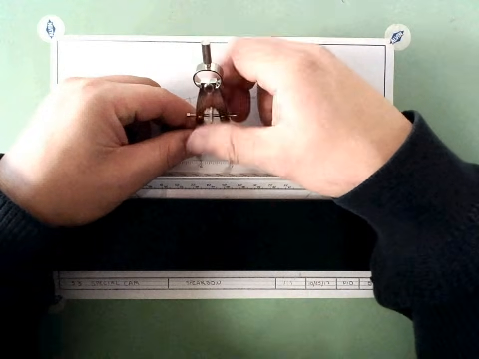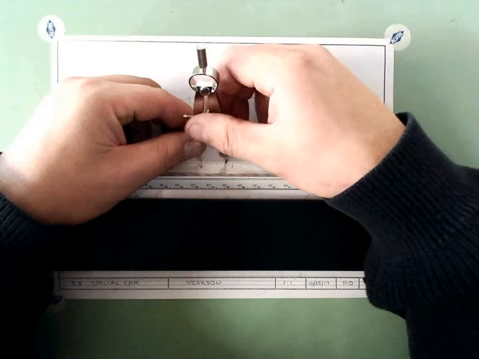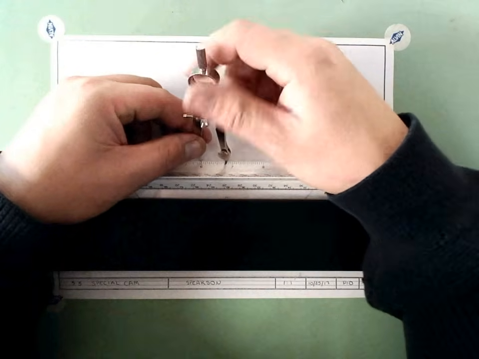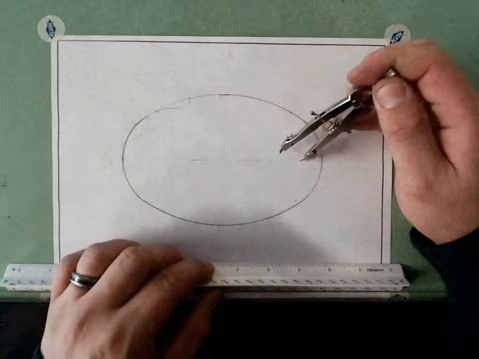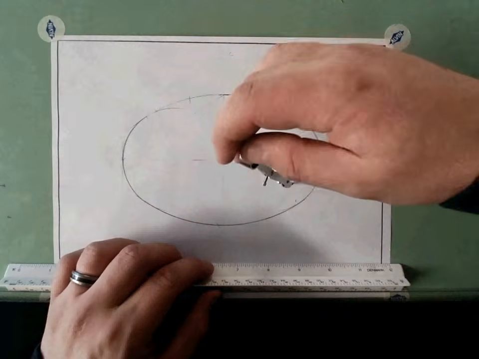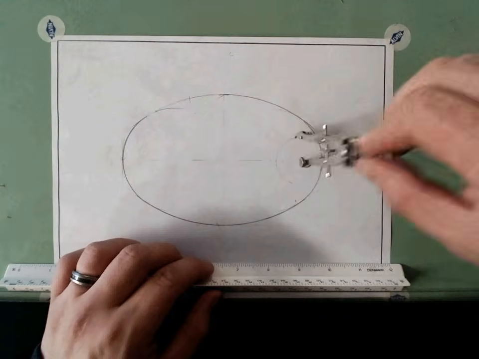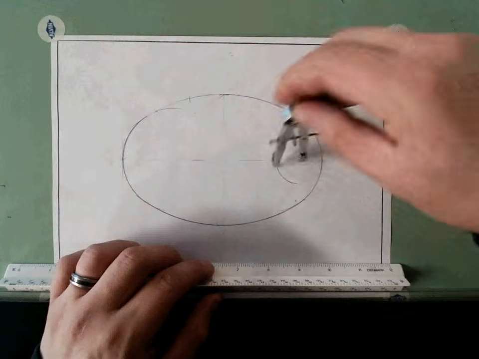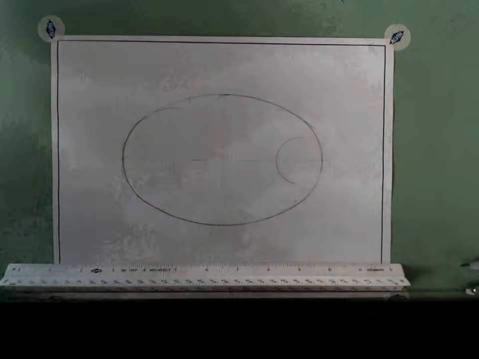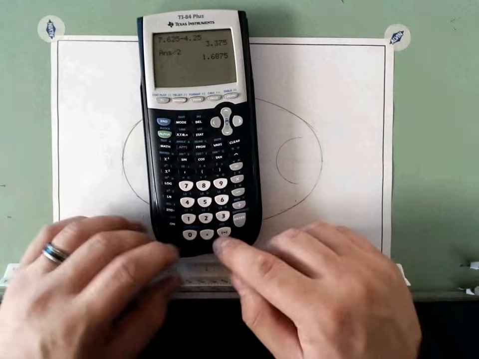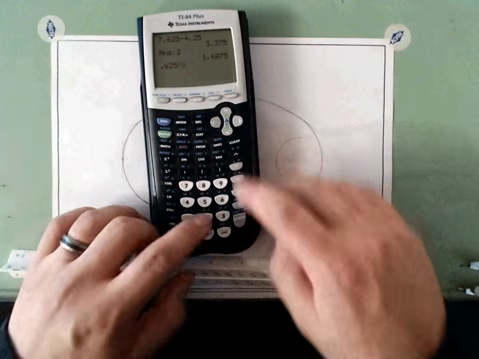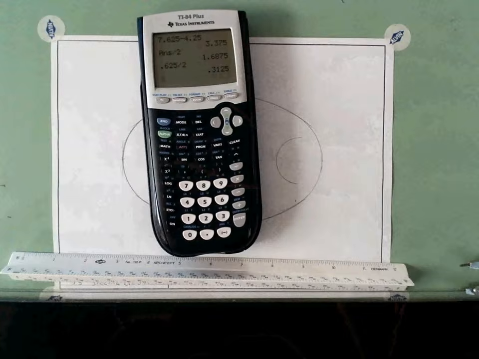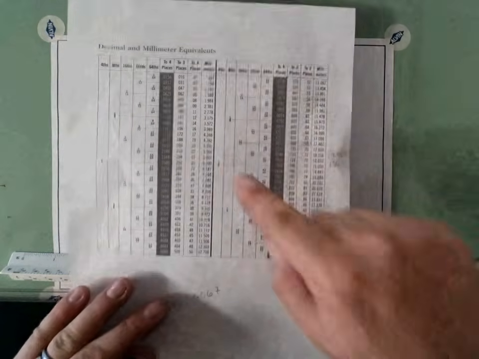Let's set our compass to half that. Okay, there's my center. I'm going to go ahead and scribe it like this because this is the big radius right now we're dealing with. Okay, and now what I'm going to do is I'm going to find half the distance of 5/8, which is that decimal of 0.625 divided by 2, so 0.31.